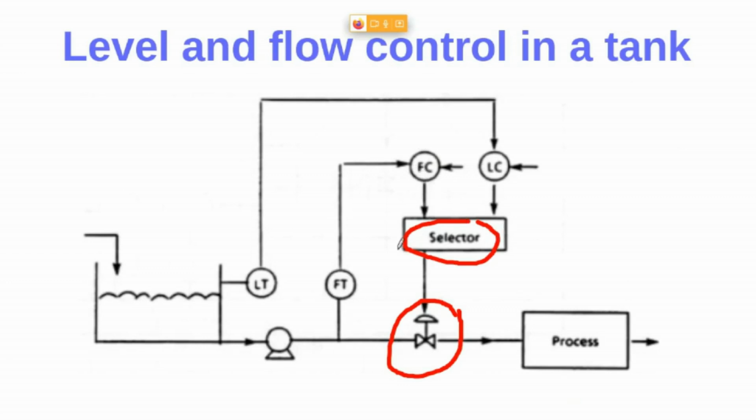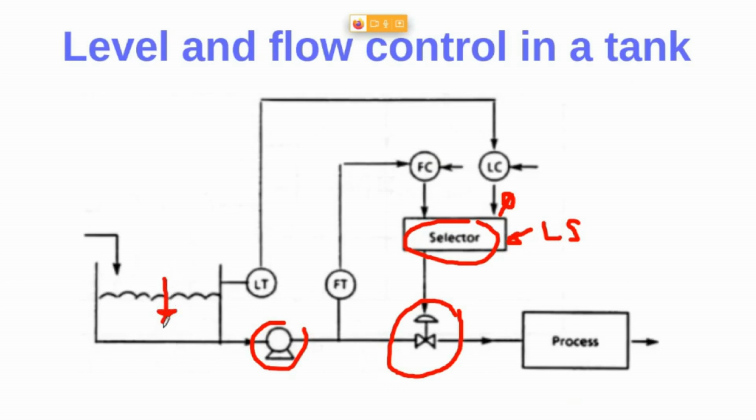Remember that this is an override control structure, and this selector we can say will be configured as a low selector, because when the level controller says stop the pump, well, in this case it's not stop the pump, it's just close the valve, right? In order not to run out of liquid in here.